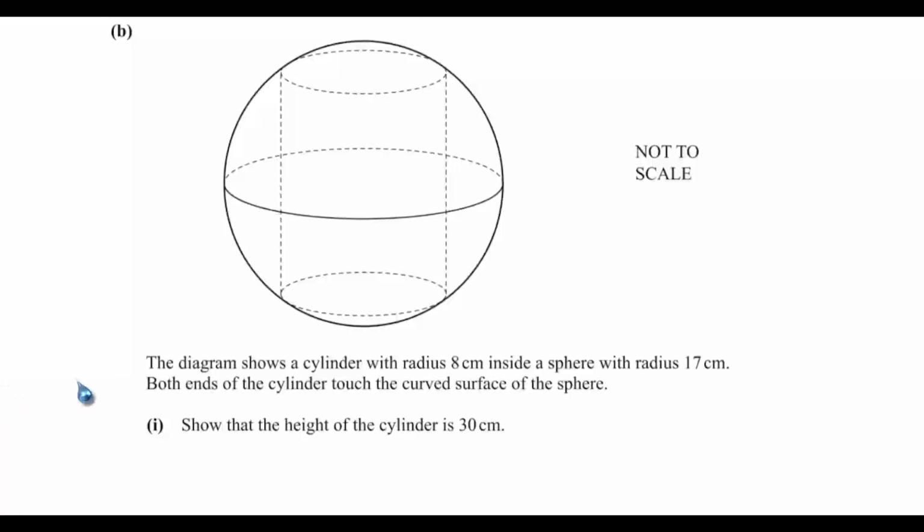Okay, so let's say this is the radius of the cylinder. So let's draw this here, and this is given as 8 centimeters. We can put 8 here, and the radius of the sphere, we can put it here. Okay, so let's draw one here to be like this.